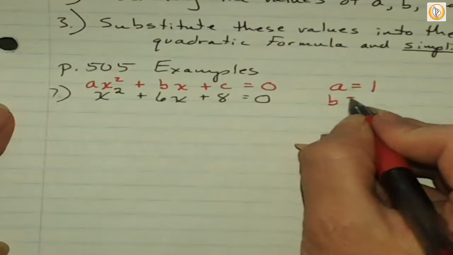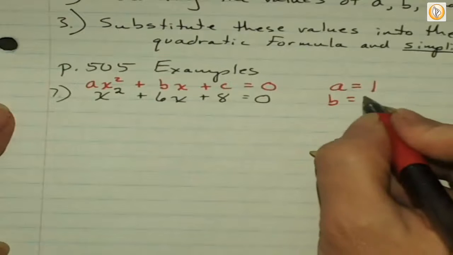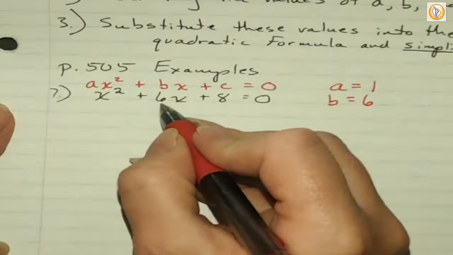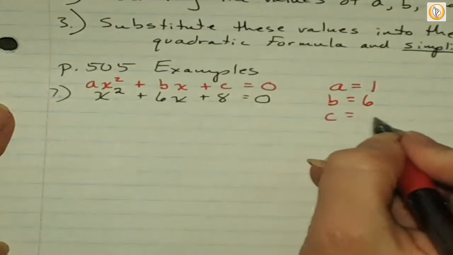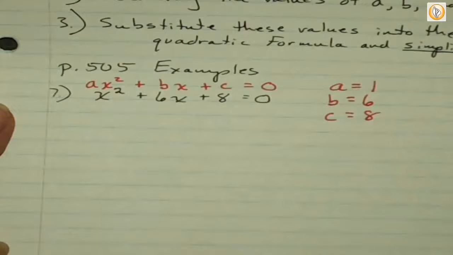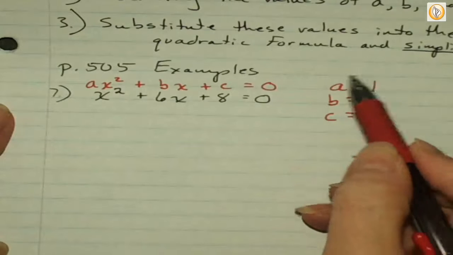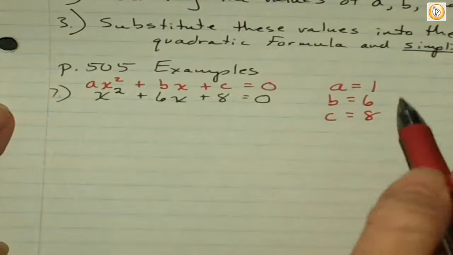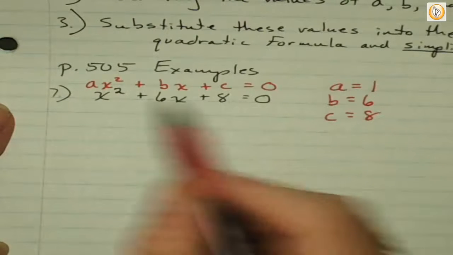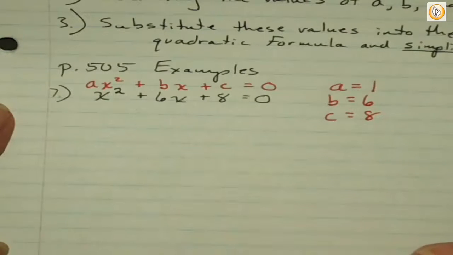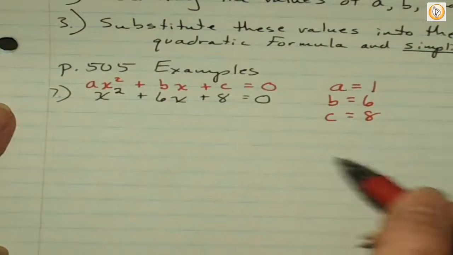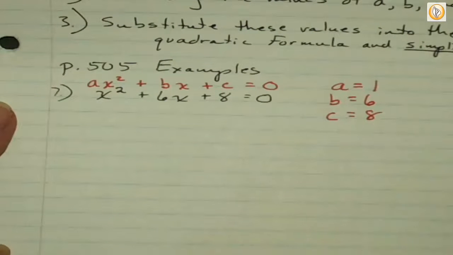So, Michaela, what is B? 6. And then Cecilia, what is C? 8. Very good. Another piece of advice: write it above, and then identify your values right here. Then you don't have to look at this anymore. It is easier on the brain to identify them ahead of time.